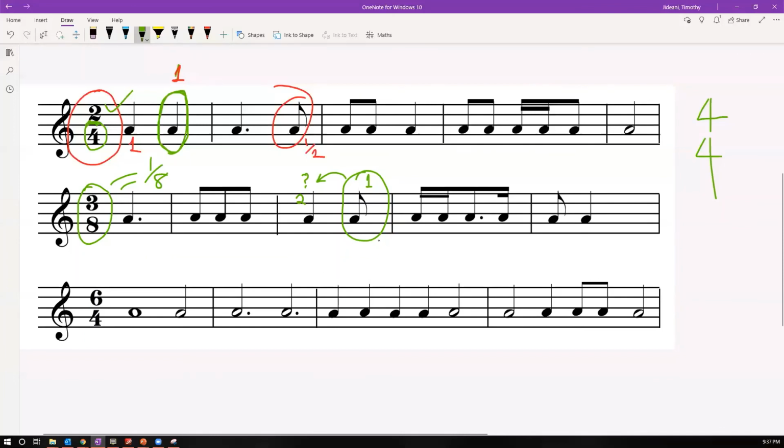So it's more like how I put it, we started off there, and if we're going up, we will have two beats.